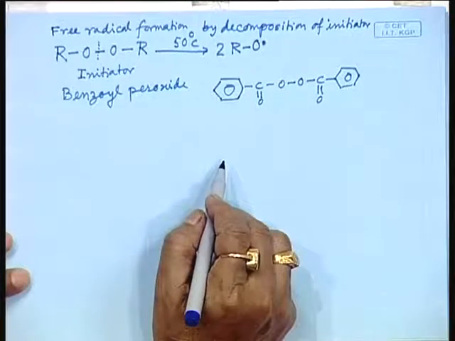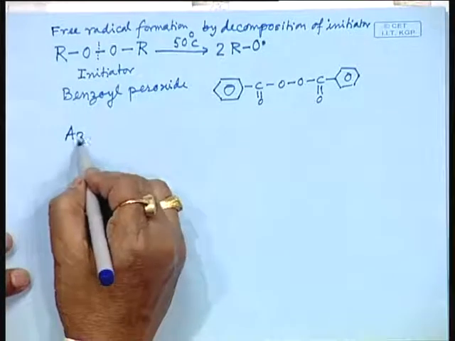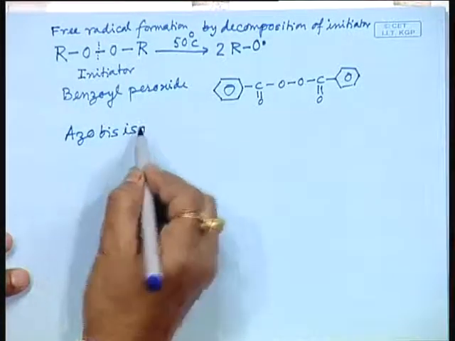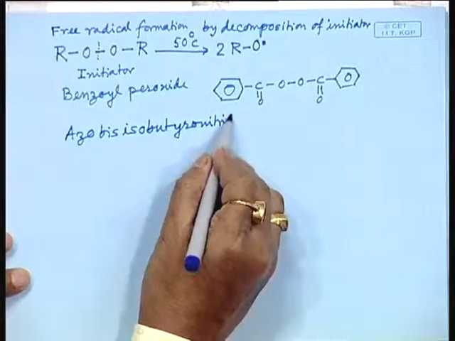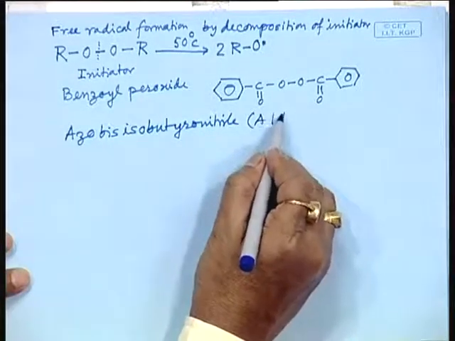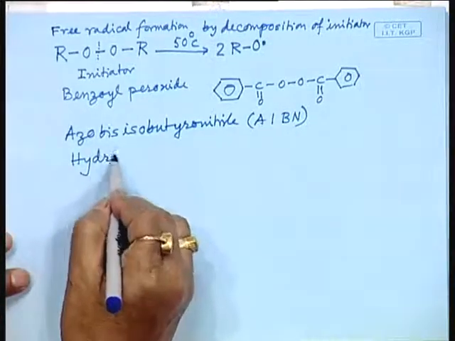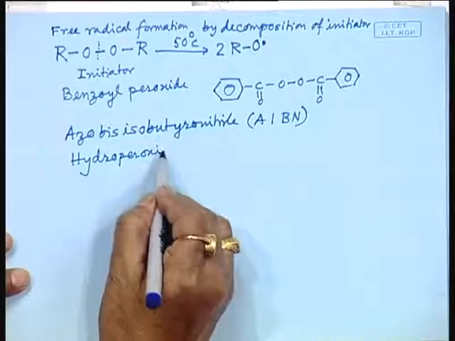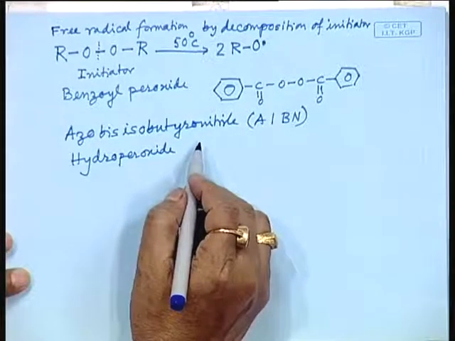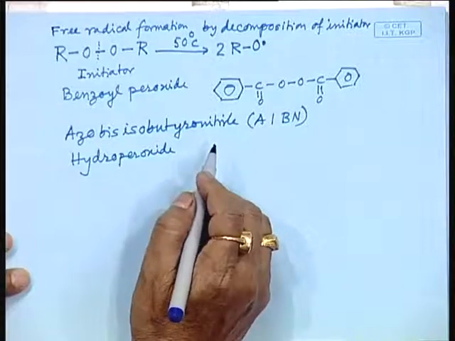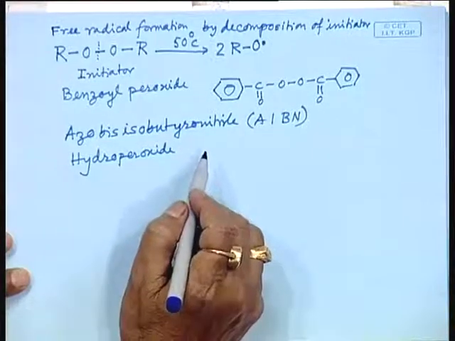BPO molecule, or you can have some hydroperoxide, say cumene hydroperoxide, yes, or azo-bis isobutyronitrile, AIBN.